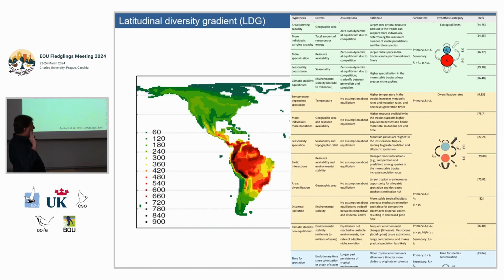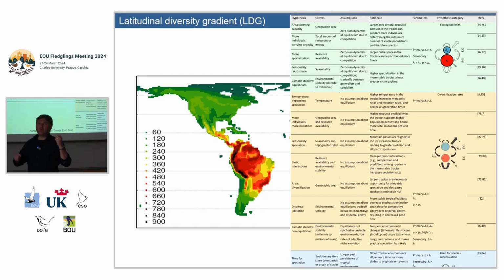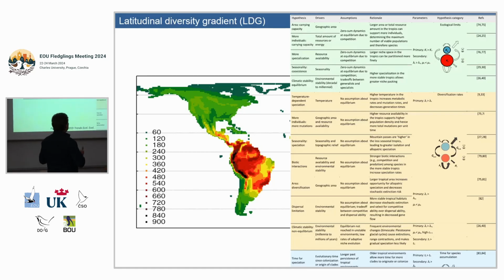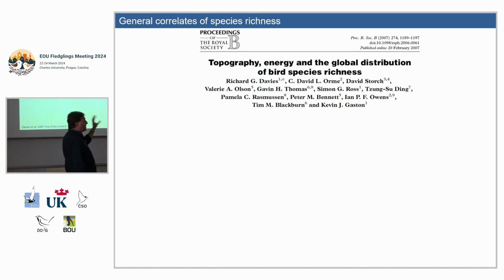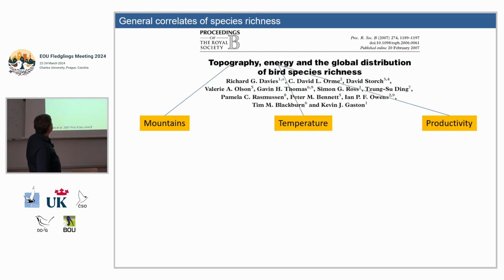When people started to study the latitudinal diversity gradient, the natural first step was to narrow down the hypotheses by looking at the general correlates of species richness, to have a look at what are the major environmental factors which really correlate very well with species richness. And it turned out there were several papers, including this our paper, which basically found out typically that diversity is high in the mountains, is high in warmer areas, and is high in regions with high environmental productivity, basically the amount of resources.